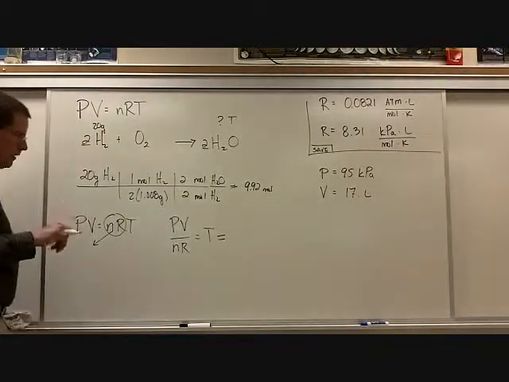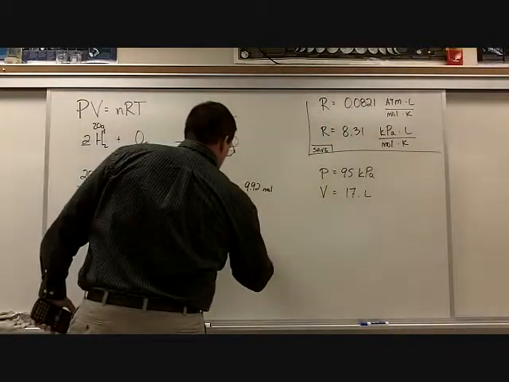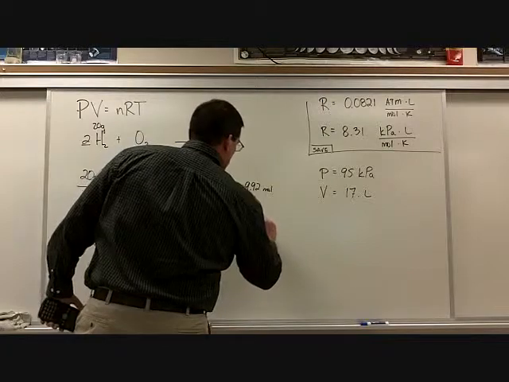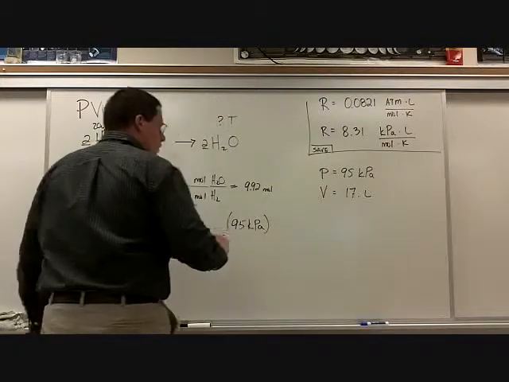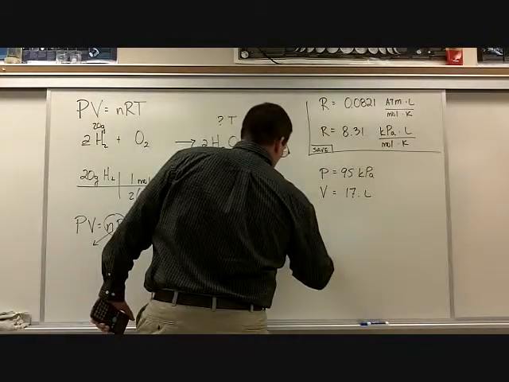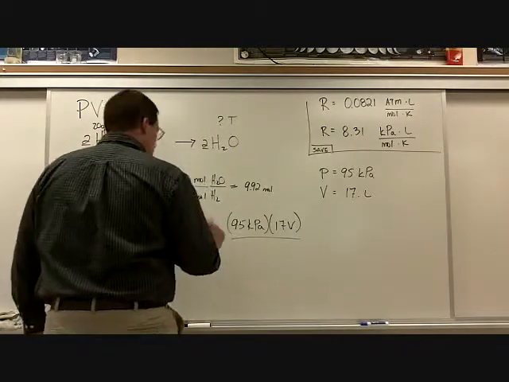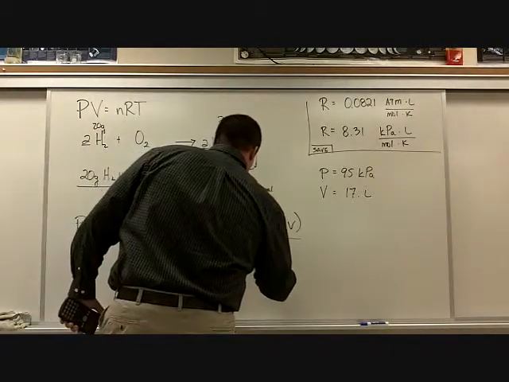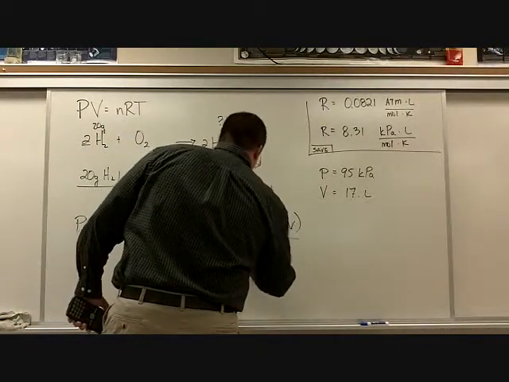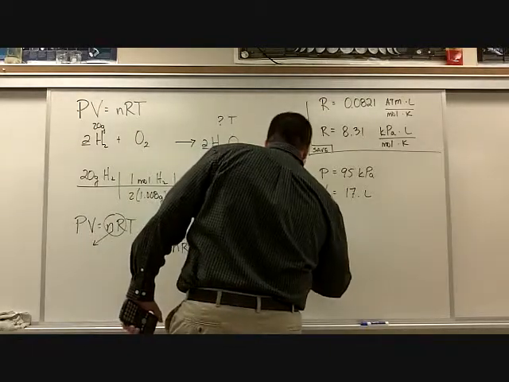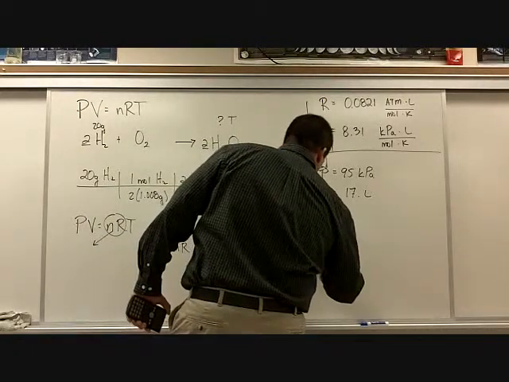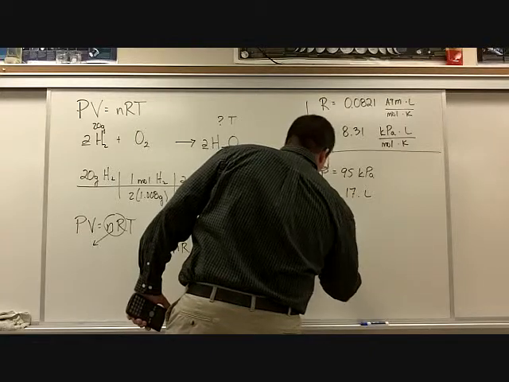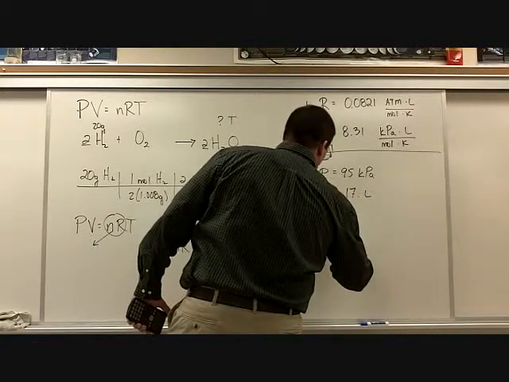Okay, so we put the moles Kelvin on top. And the volume is 17. Number of moles we said was 9.92. R is the 8.31. And mole Kelvin goes on the opposite side.